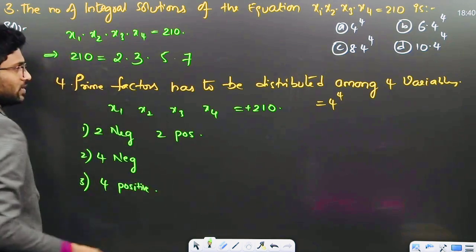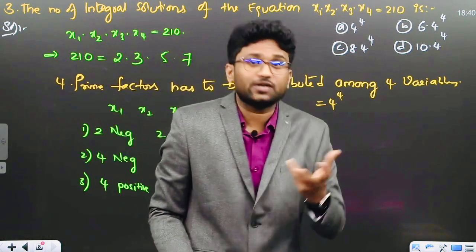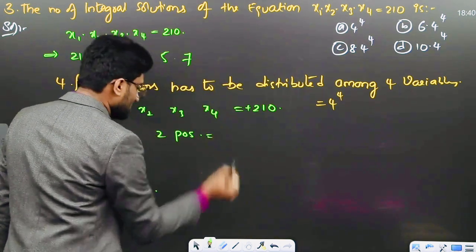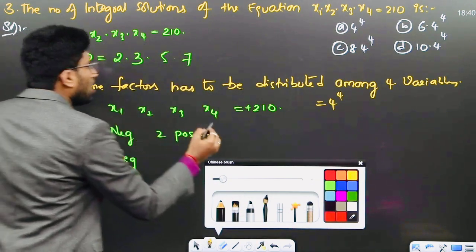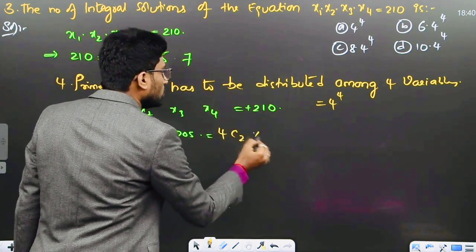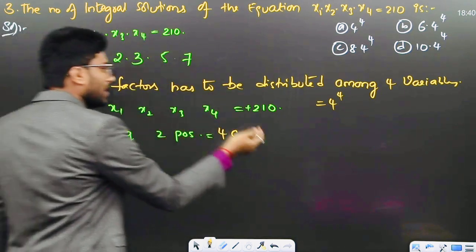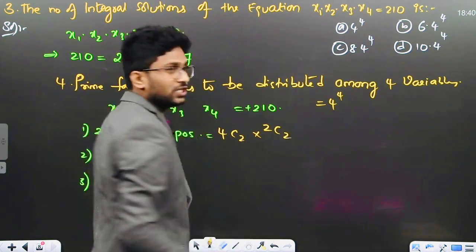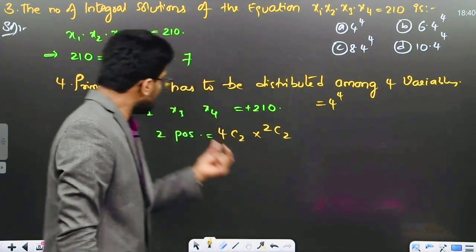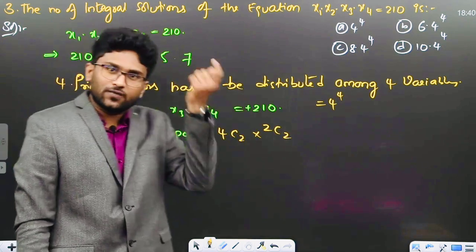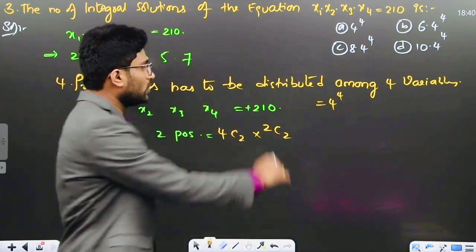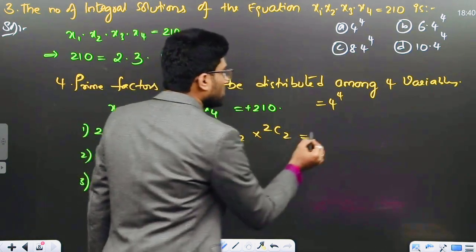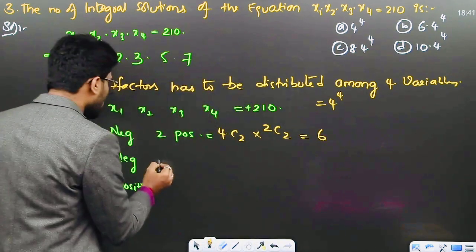In the first case, out of 4, 2 have to be negative, so 4C2 into 2C2. First we select any 2 out of 4 and assign negative signs to them. So 4C2 into 2C2, where 4C2 is 6 and 2C2 is 1.